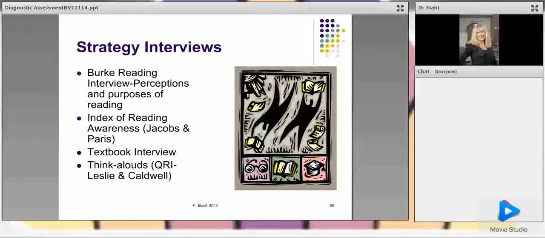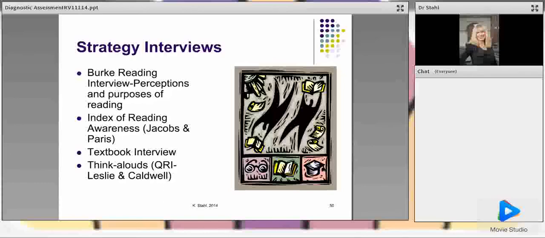Now I'm moving down to the third pathway of our cognitive model, with cognitive strategies. We can find out these kinds of in-head processes. How are children thinking about reading? What strategies are they using? By using things like the Burke Reading Interview, which gets at children's perceptions about the purposes of reading.